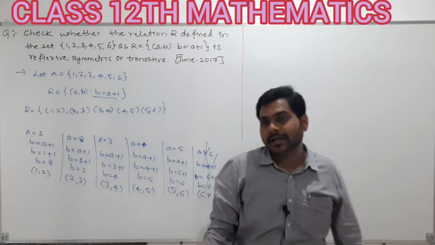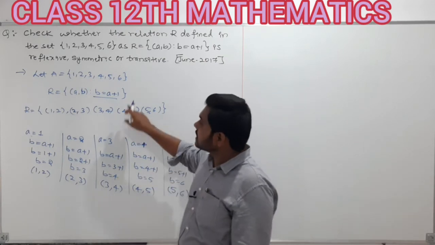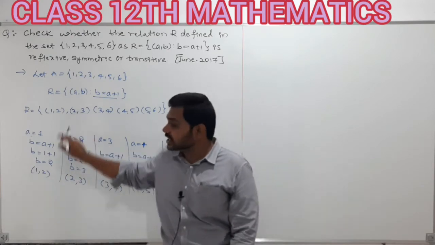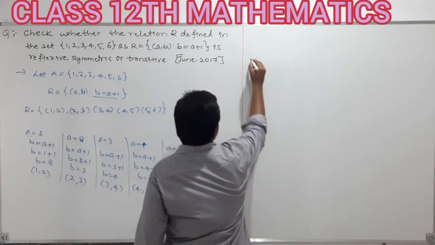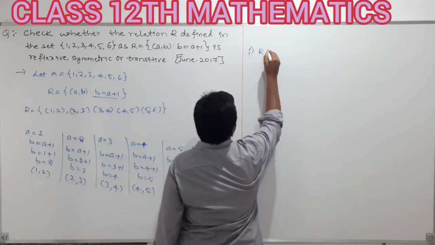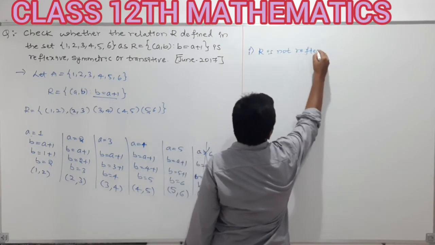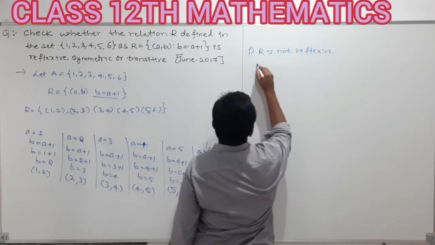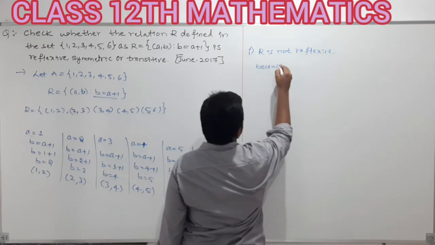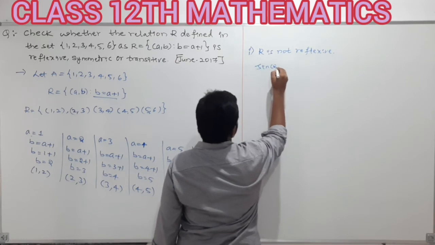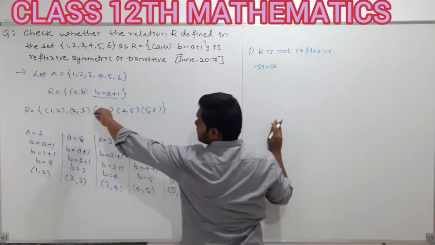Now we should check whether the given relation is reflexive, symmetric, transitive. My dear students, the given relation R is not reflexive. First condition I am going to write: R is not reflexive, since, what is reflexive?